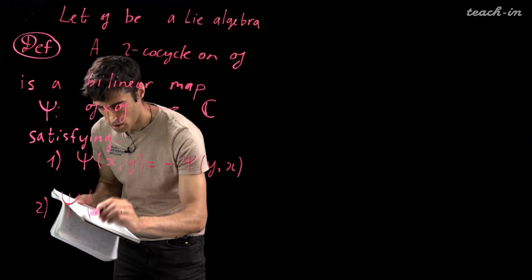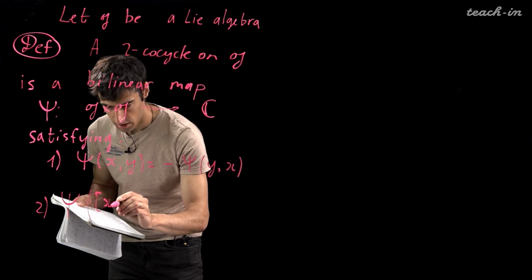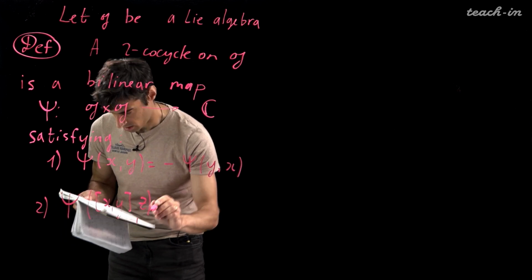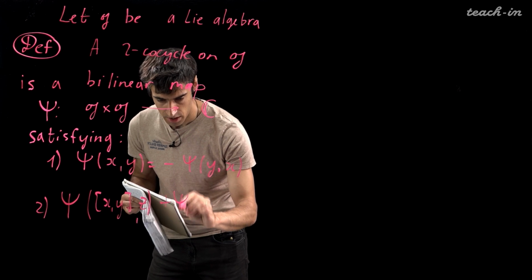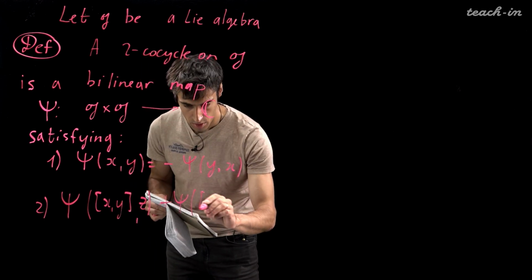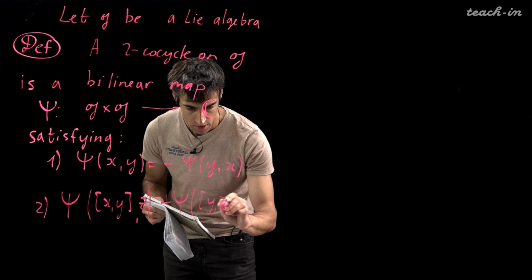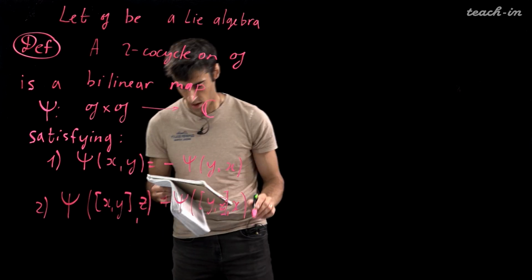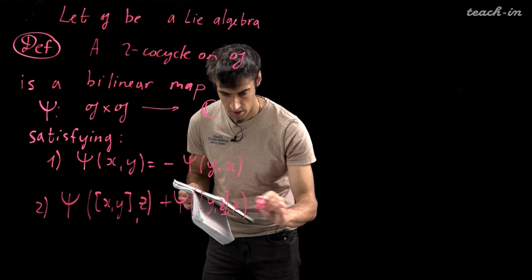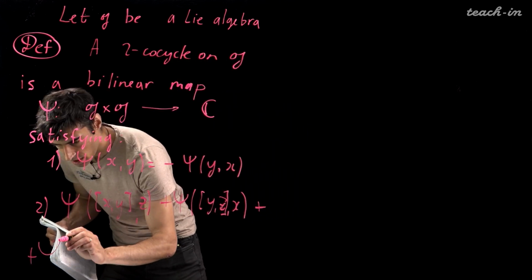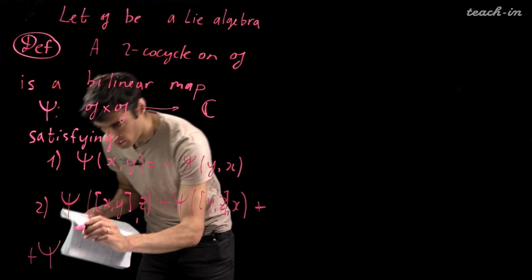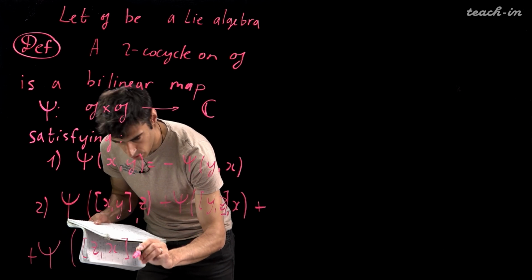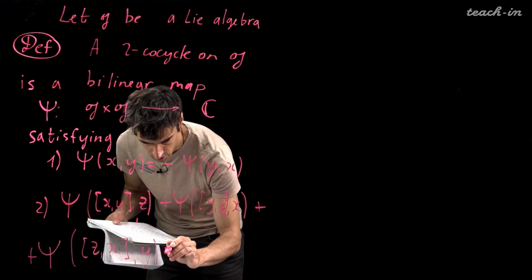So psi of x, y, z plus psi of y, z, x plus psi of z, x, y equals 0.